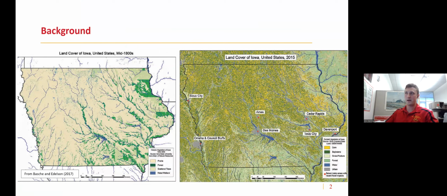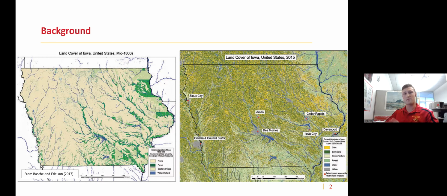Up on the screen, I have two land cover maps of the state of Iowa, the one on the left coming from the mid-1800s before European settlement, and the one on the right coming from 2015. So you'll notice in that mid-1800s land cover map, much of the state is covered with the tan color, which represents prairie.